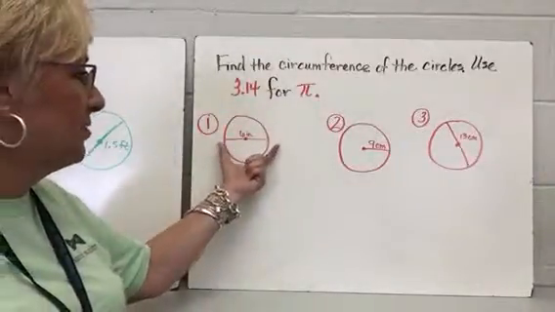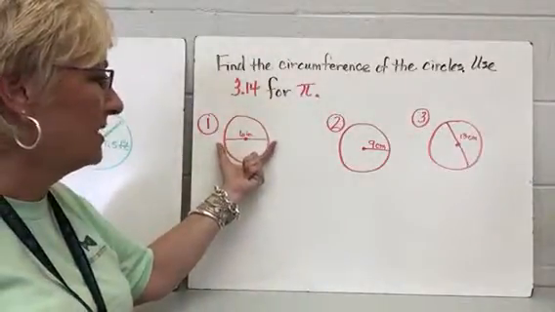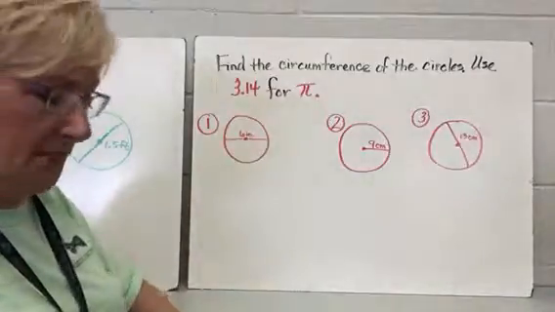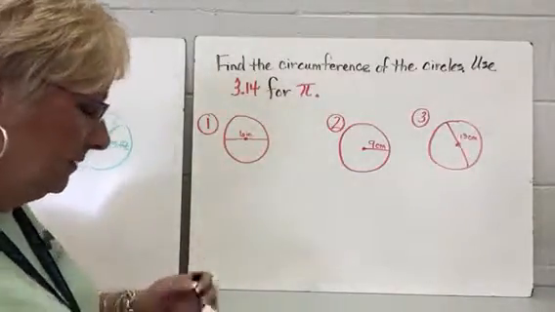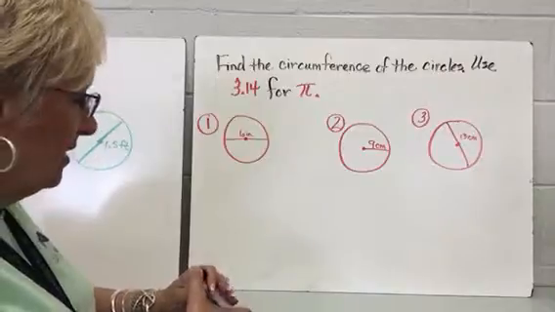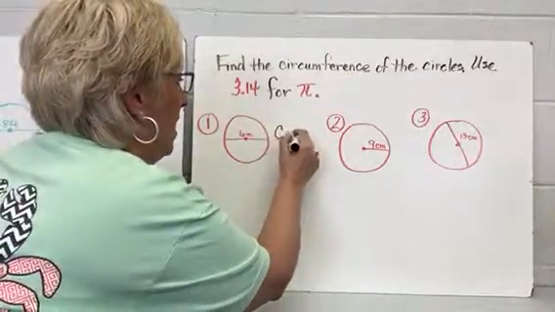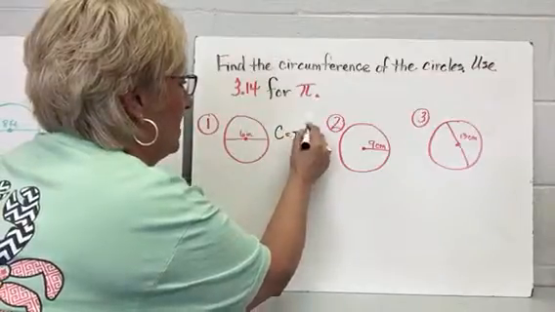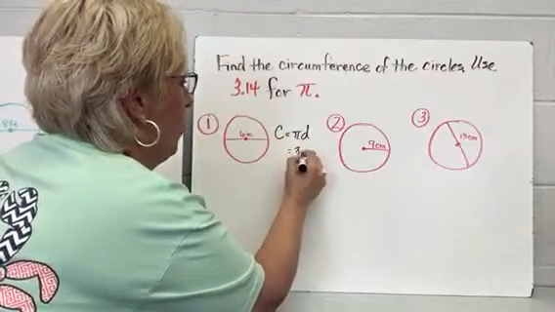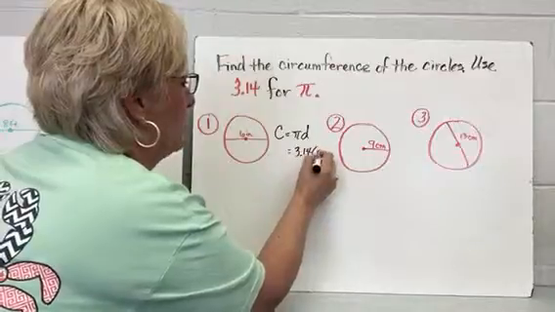This is the diameter because it reaches both opposite sides of the circle and goes through the center. And I know that, what we were saying before, the circumference is going to equal pi times the diameter. So this is going to be 3.14, and the diameter is 6.